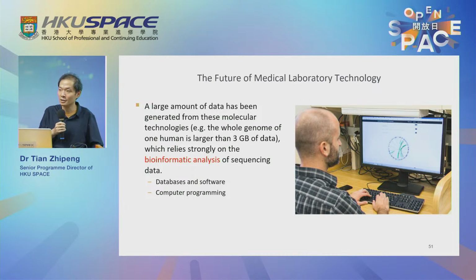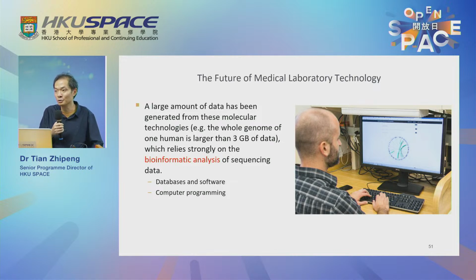For example, for a whole human genome, if we do whole genome sequencing because we want to know everything about our DNA, then from one person, we just sequence once and it's already 3 GB. But sometimes to be more reliable, the sequencing could be run for several rounds to get a higher coverage of the target region, so the data could be even larger.